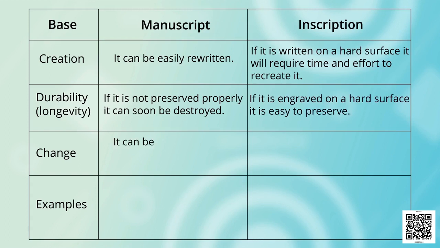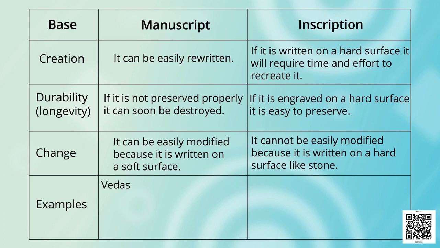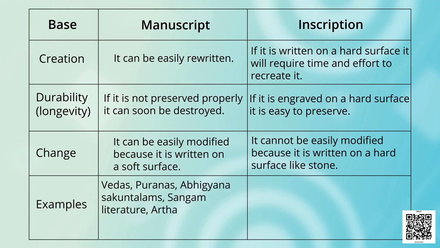A manuscript can be easily modified because it is written on a soft surface. On the other hand, an inscription cannot be easily modified because it is written on a hard surface like a stone. The examples of a manuscript include Vedas, Puranas, Abhigyan Shakuntalam, Sangam literature, Arthashastra of Kautilya.